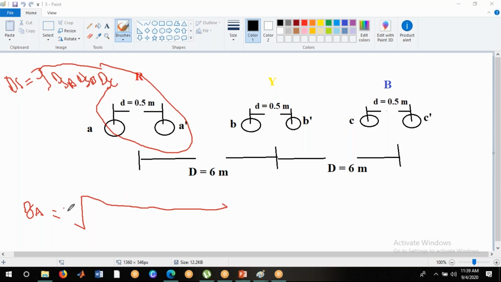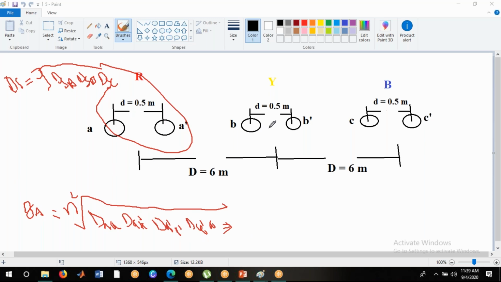So it will be the 2n square, that is 2 square, root of the self distance DAA, DAA dash, similarly DA dash A dash and DA dash A. This is the GMR with respect to the A conductor.